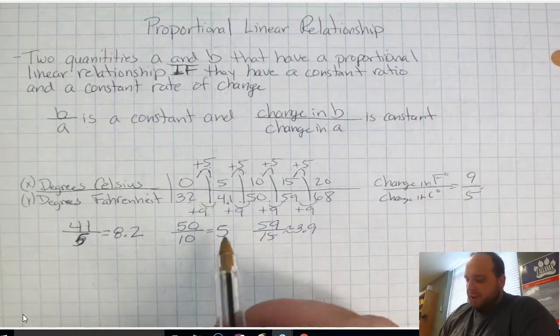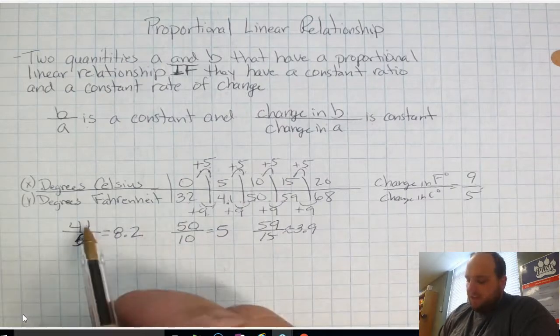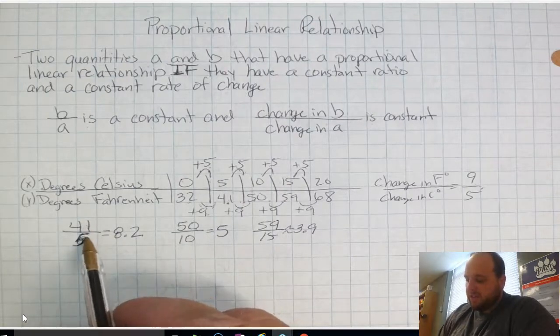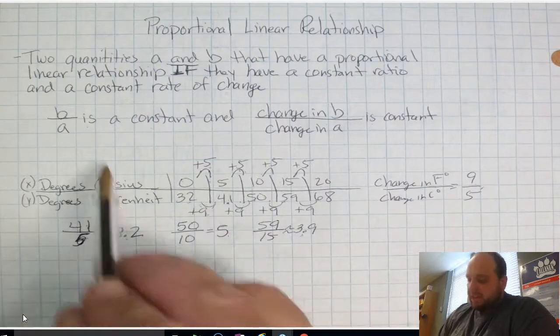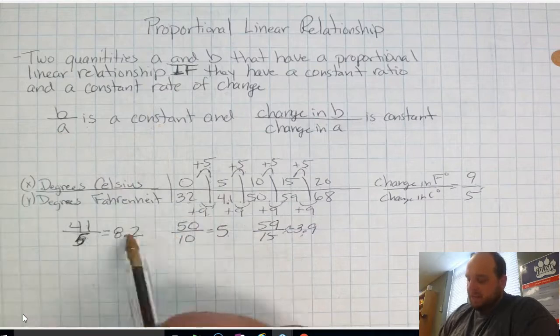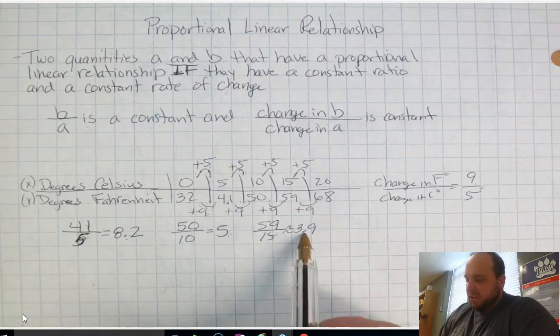What I notice is this. When I did the ratio of the Fahrenheit to Celsius, I got 8.2, 5, and 3.9, which means this is not constant, because each time it changed, okay?